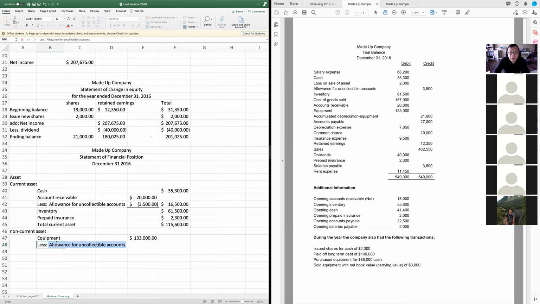Less accumulated depreciation, equipment, right? So this one is negative 21,000. Now this net carrying value will be these two.